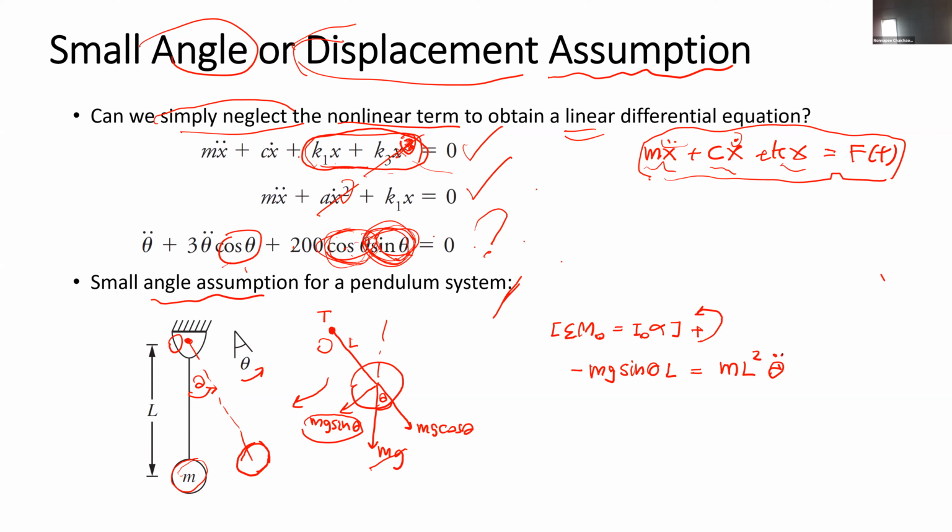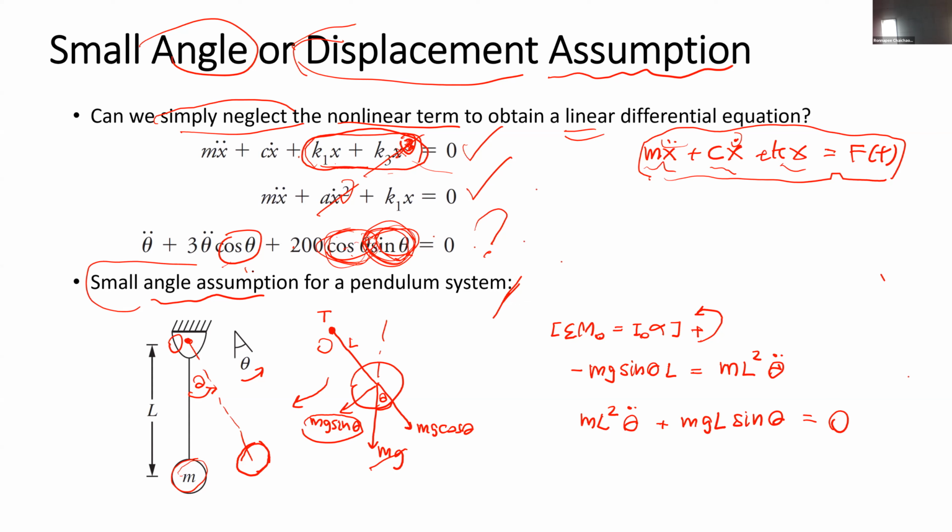So what we have is m L squared theta double dot plus m g L sine theta equal to 0.